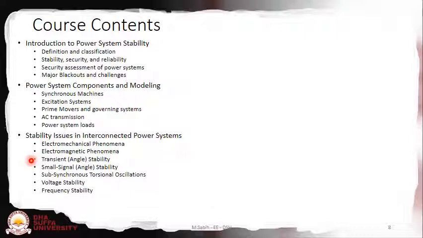And within these phenomena lies the discussion of transient or angular stability, small signal stability, torsional oscillations, voltage stability and frequency stability. So this third part is going to discuss a core issue of stability.